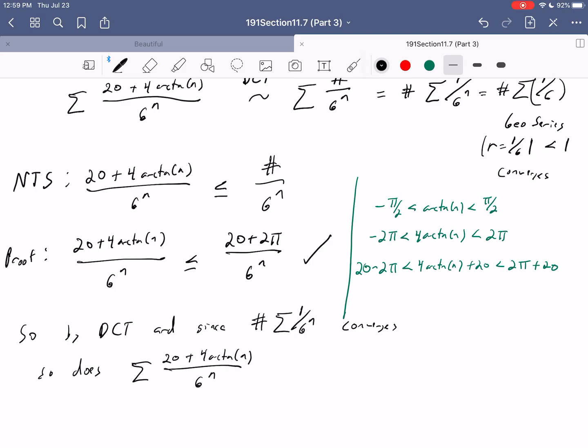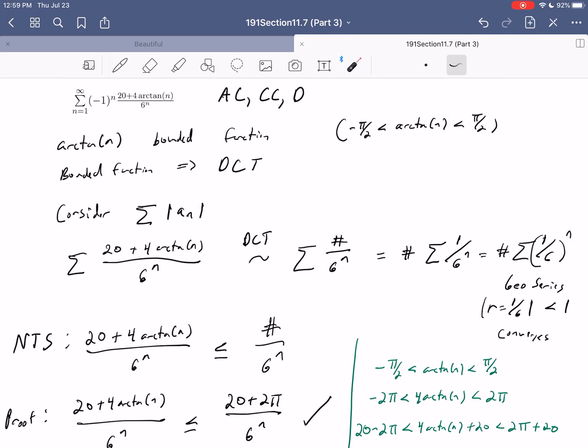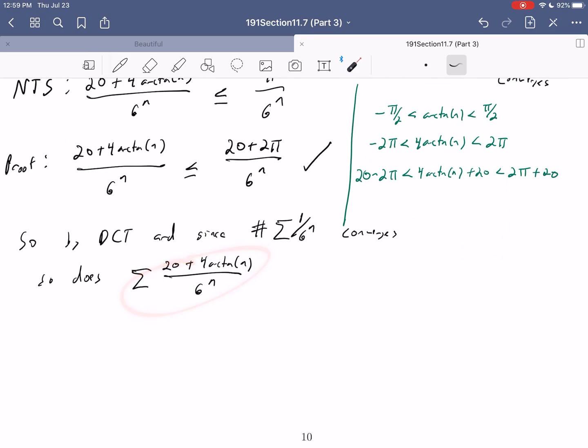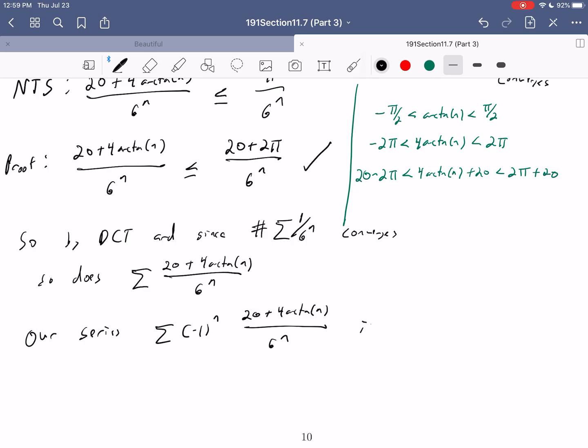Okay, so we now know this thing converges. Was this our series? Well, our series had that minus 1 to the n in it. We put it in absolute value, and it converged. So that tells us our series, the sum of minus 1 to the n, 20 plus 4 arctan n over 6 to the n, is absolutely convergent.